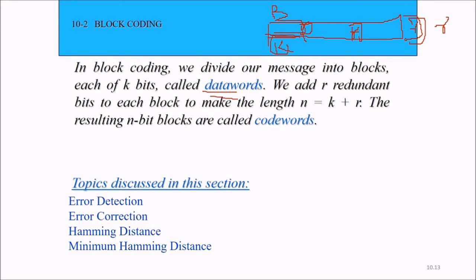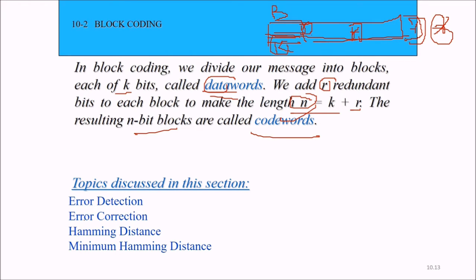We add r redundant bits to each block, to make the length n. This will be k plus r: k bits and r redundant bits. So the length will be k plus r. The resulting n-bit block will now be known as a code word. Previously only the k bits were known as data words. Now k with r, that is the redundant bits, will be known as code words.